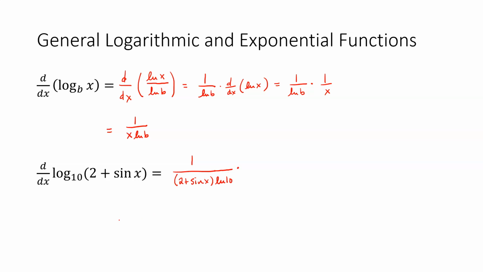But then we're going to apply the chain rule here because the derivative of 2 plus sine x will be multiplied. Of course, that's just cosine x. So here I'll write this as cosine x over 2 plus sine x times ln of 10.